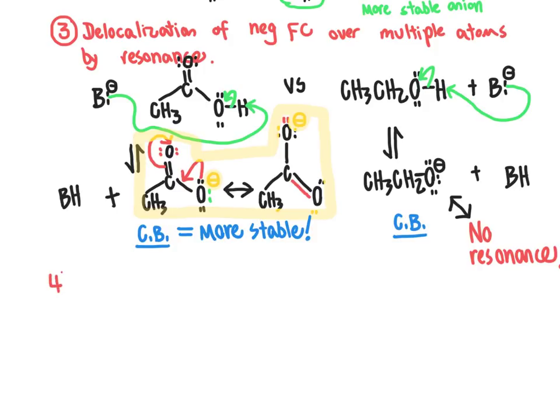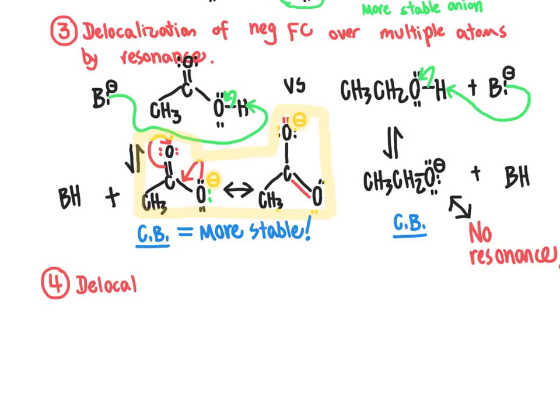Induction is going to take second place in terms of stabilizing or destabilizing a molecule. So in this case, we're looking at ways to stabilize the molecule. And when we talk about induction as a way of stabilizing a molecule, the delocalization of the negative formal charge by induction is going to act to stabilize. So we're going to add this to the list here, and then we're going to go into definitions of what we're referring to when we talk about induction.